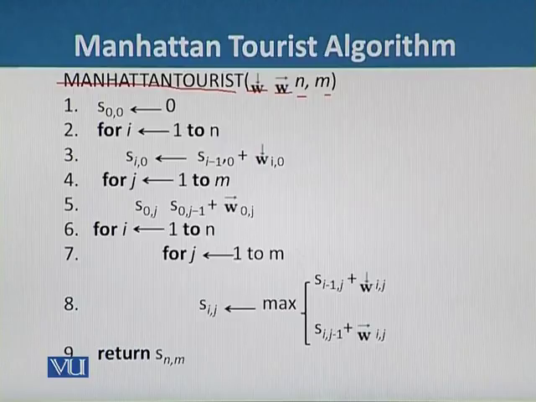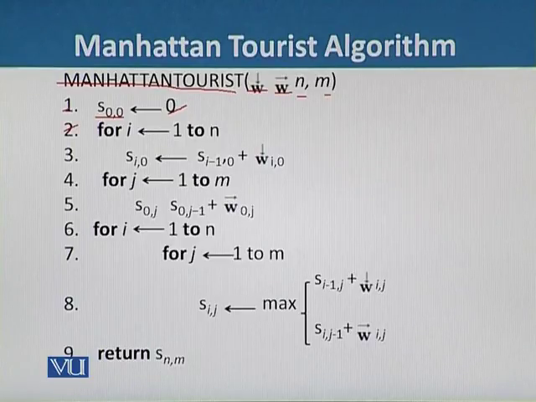So in the first step of the algorithm we assign the value 0 to the source (0, 0), and as we know the source always has the value 0, from where the tourist will start moving to see the attractions.